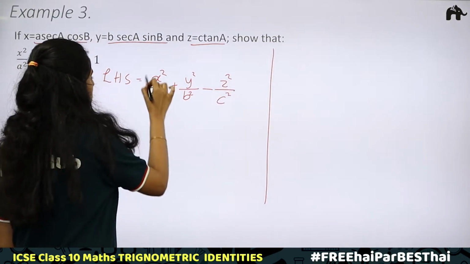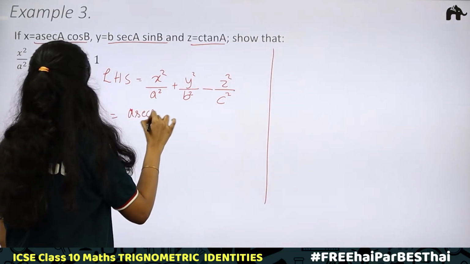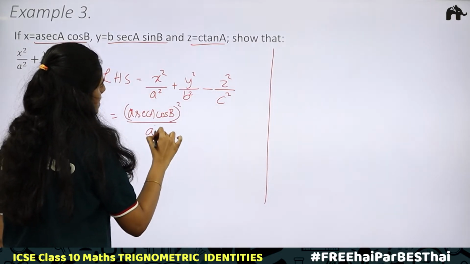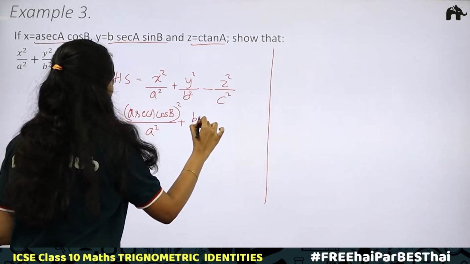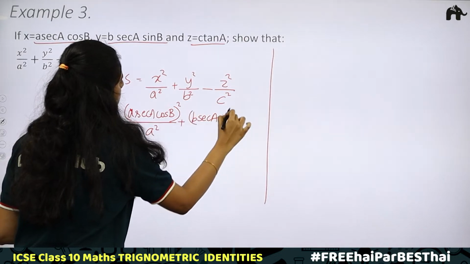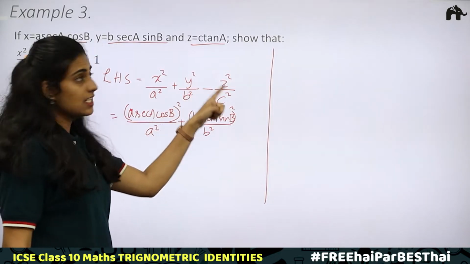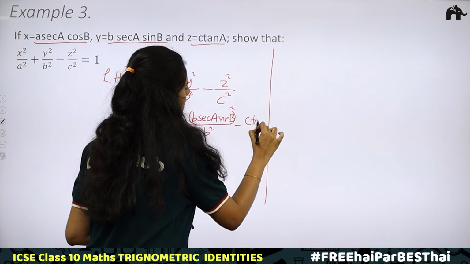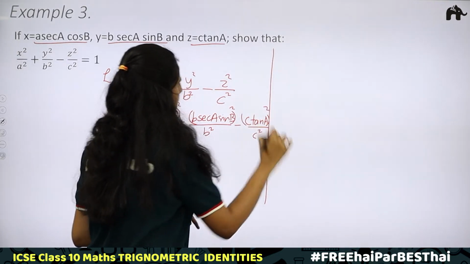Now put the value of x. What is x? X is equal to a sec a cos b, whole square, divided by a square, plus what is y? Y is equal to b sec a sin b, whole square, divided by b square, and then z is c tan a, minus c tan a whole square divided by c square.